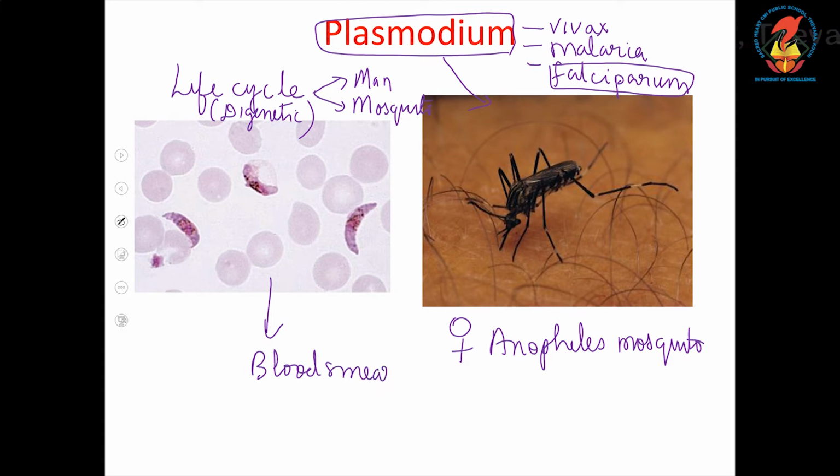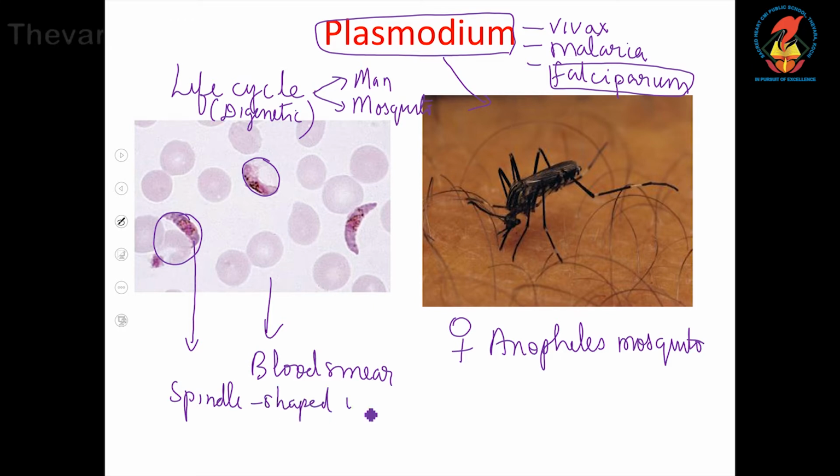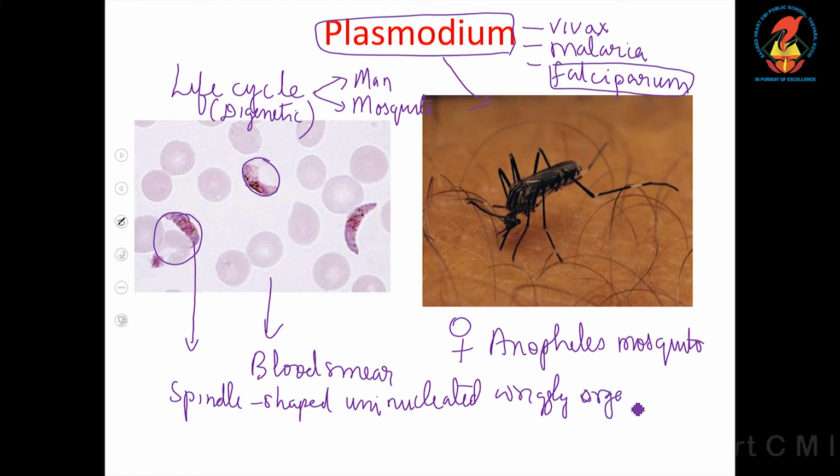In this blood smear you can see, within the RBCs, spindle shaped, uninucleated, wriggly creatures, organisms, which is the Plasmodium.